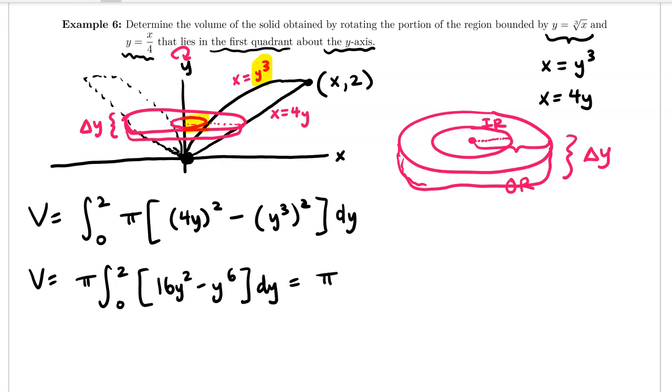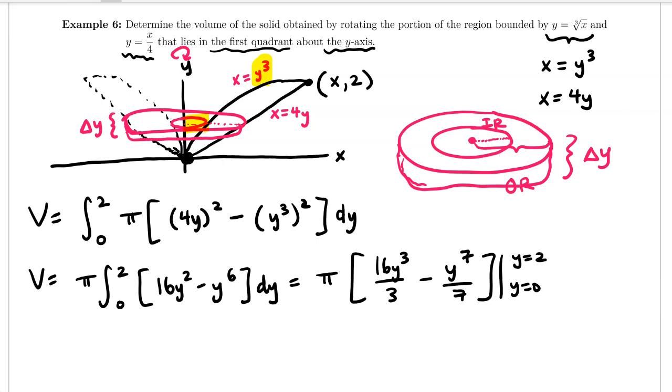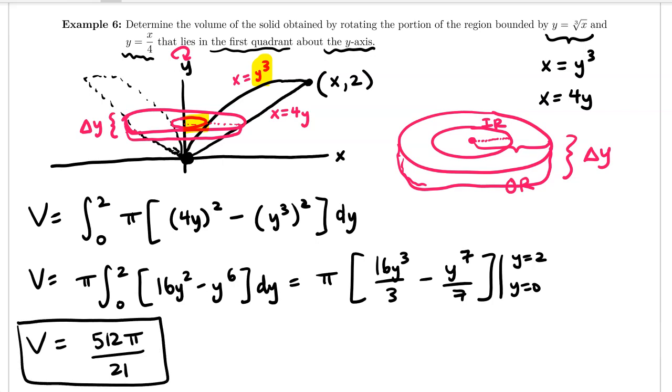That's going to equal pi times 16y cubed over 3 minus y to the 7th over 7. And we're evaluating this from y equals 0 to y equals 2. And if you evaluate this, you will end up getting your final answer, the volume is equal to 512 pi divided by 21. So there is our final answer.